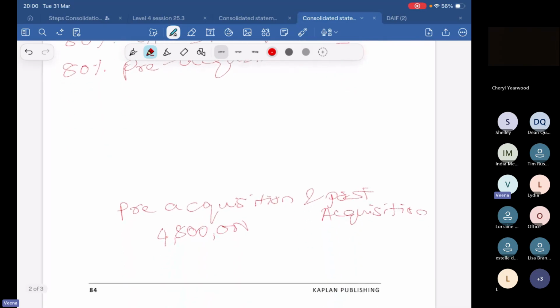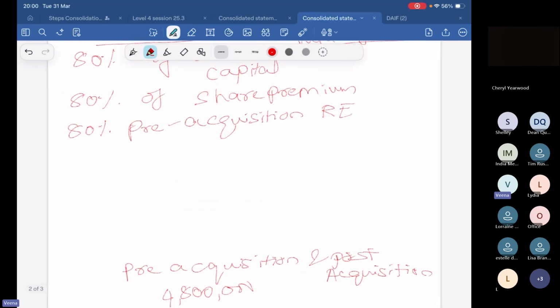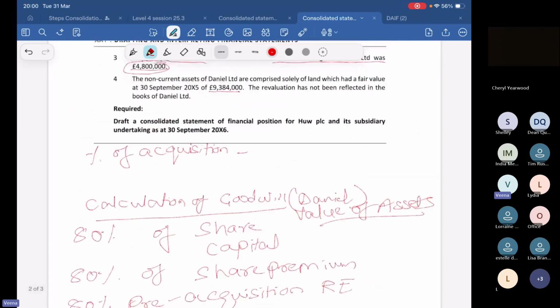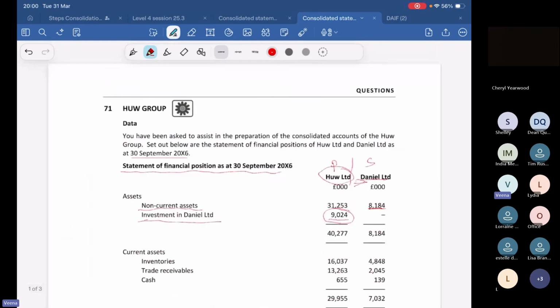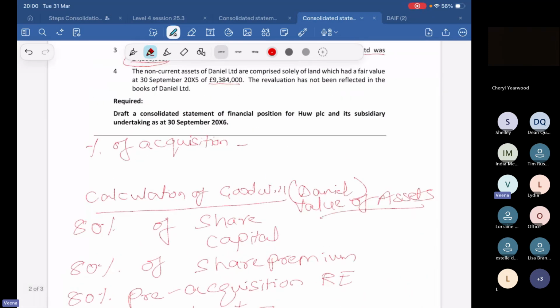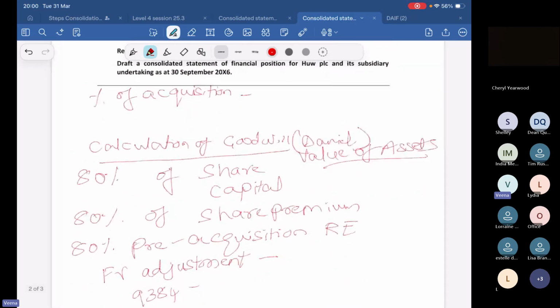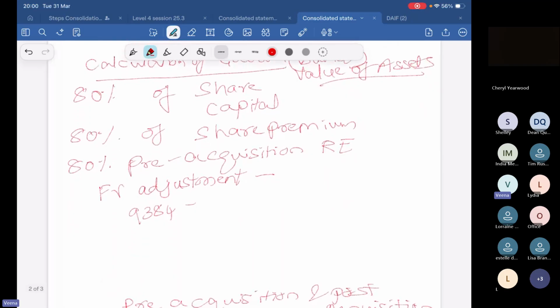So 80% pre-acquisition, so which comes to, and then I'm going to take the fair value adjustment. What is the fair value adjustment? Fair value adjustment is the land one. What is the land? Land value was 8,184 and now it is 9,384. So I'm going to take that as well. 9,384 minus 8,184.